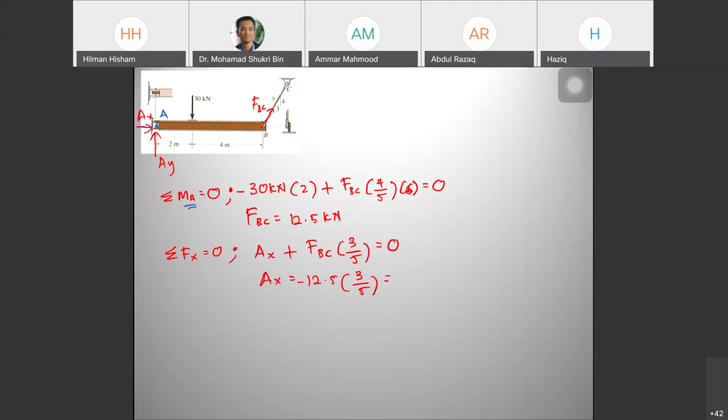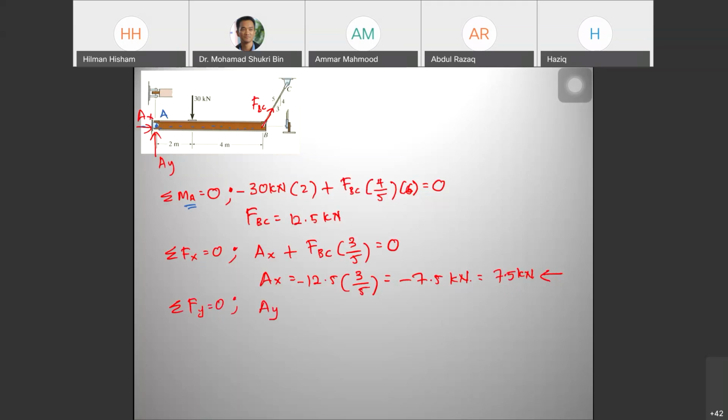So AX is minus 12.5 times 3/5, minus 7.5 kilonewton, or 7.5 kilonewton in this direction. Because we assumed AX to the right and we get the minus, it should be in the left direction.